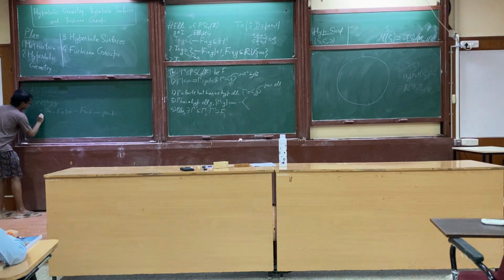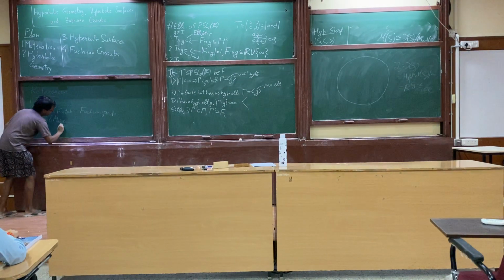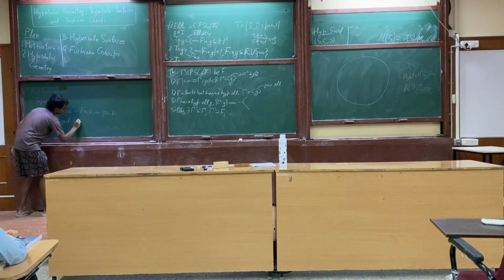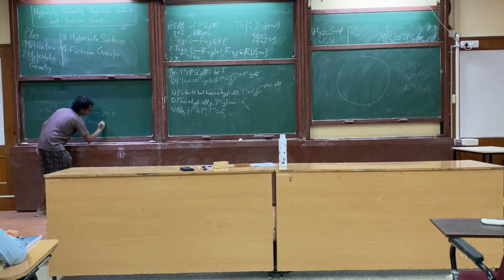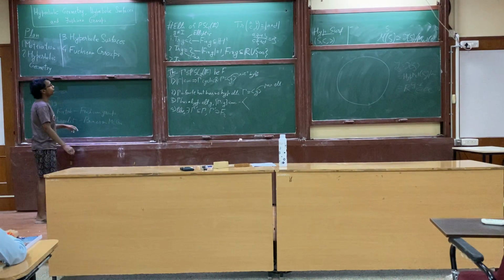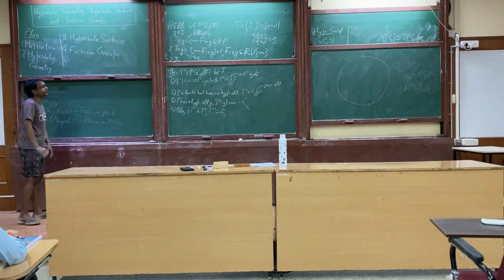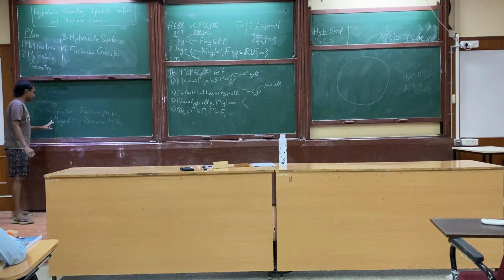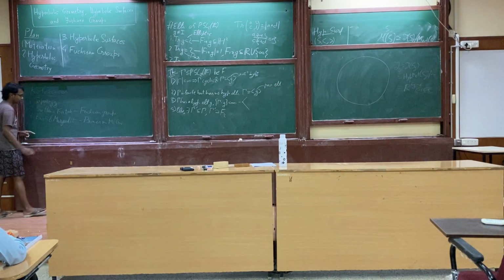There is a book by Farb and Margalit, an amazing book, A Primer on Mapping Class Groups. The first section or 2 will deal with hyperbolic geometry and hyperbolic surfaces. But this assumes you are a little more mature.